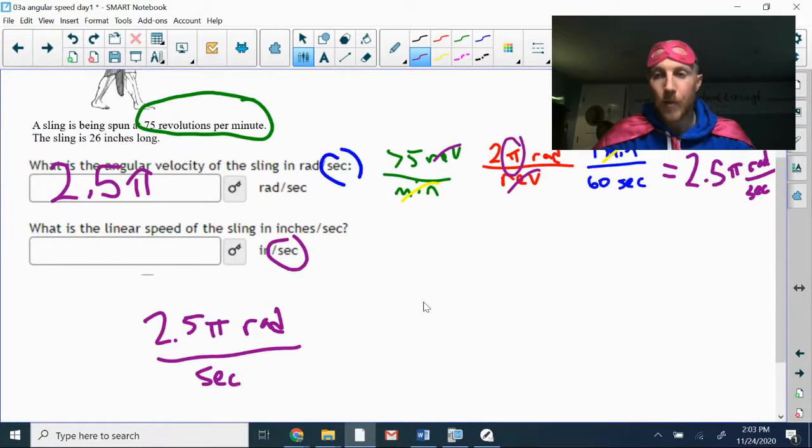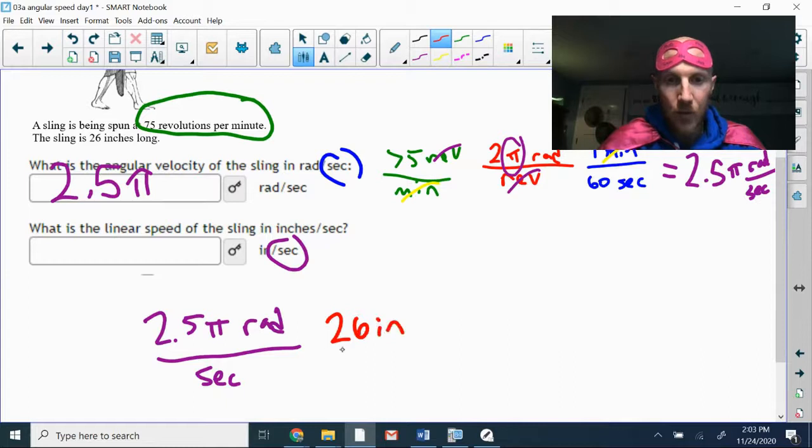So my problem gives me a radius of 26 inches. The length of the sling is the radius. So I'm going to put 26 inches over 1 radius. Purple rad, red rad are going to cancel.